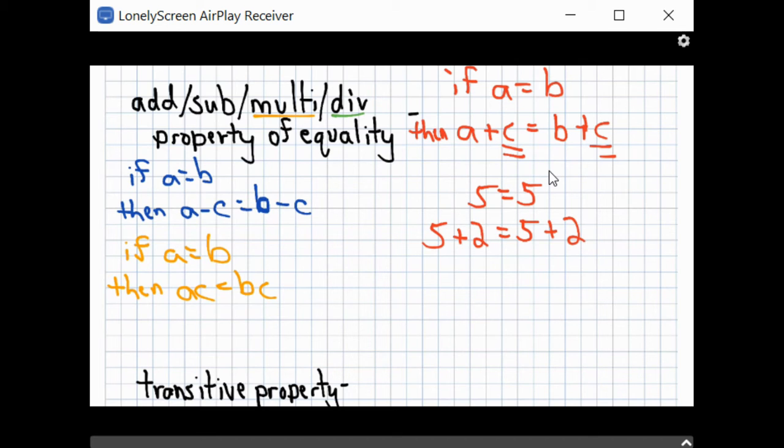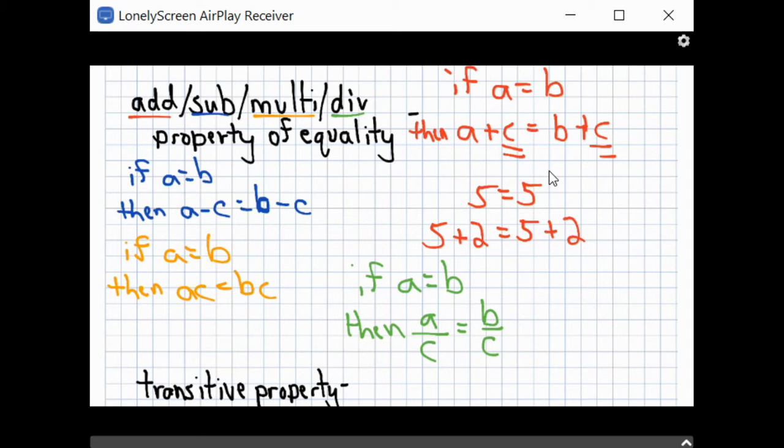So then division, you think you've caught the pattern already. If A equals B, then A divided by C is equal to B divided by C, as long as C isn't equal to 0, but we'll pick up on that. Not too important at this point. Okay, so you have the addition in red, the subtraction in blue, and then multiplication.